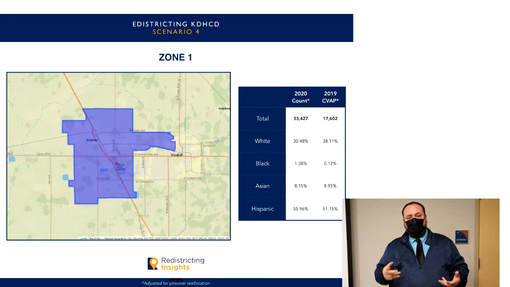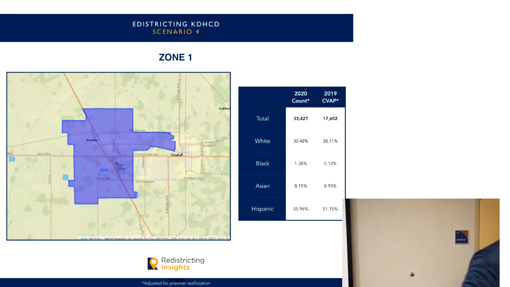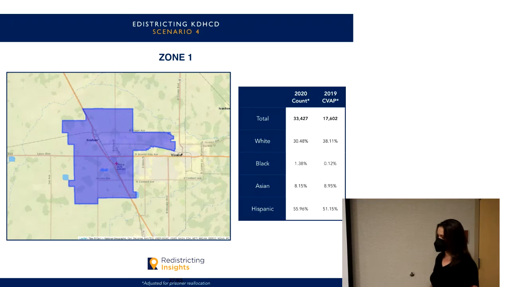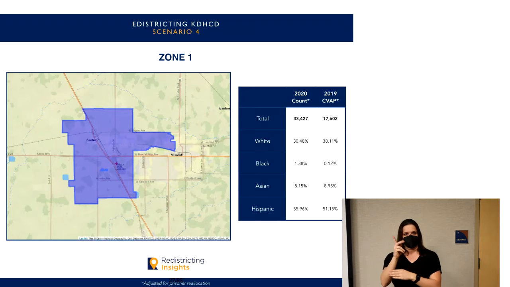And so this one is the one where we have three majority Hispanic CVAP populations. So you can see we do achieve that, going along the margins of Visalia here, but we do achieve three Hispanic CVAP populations while being a little bit less following those quadrants.